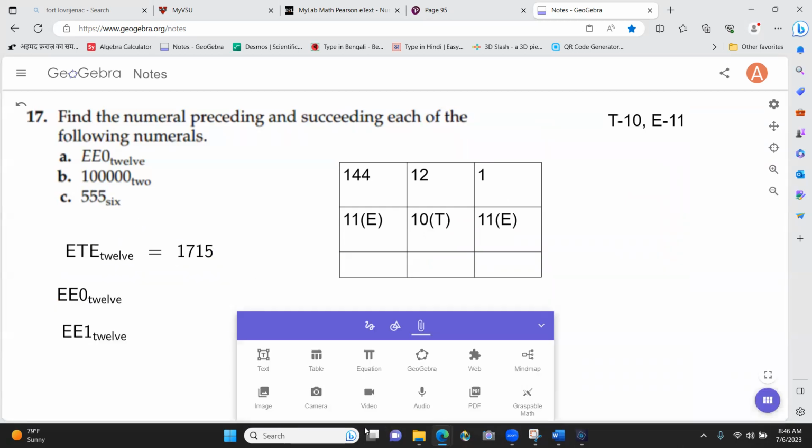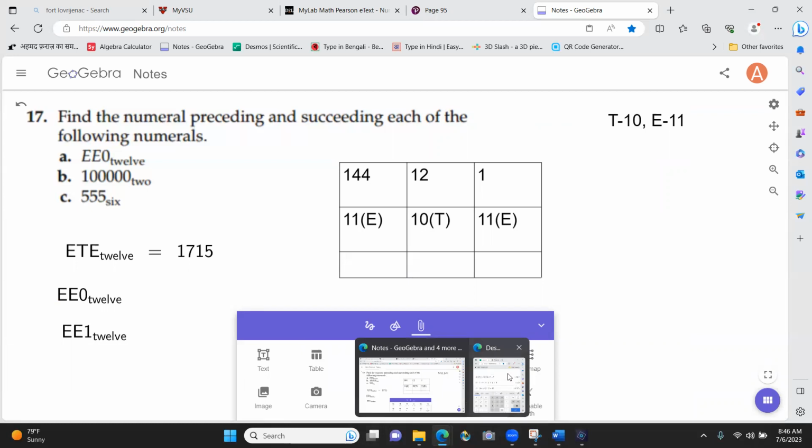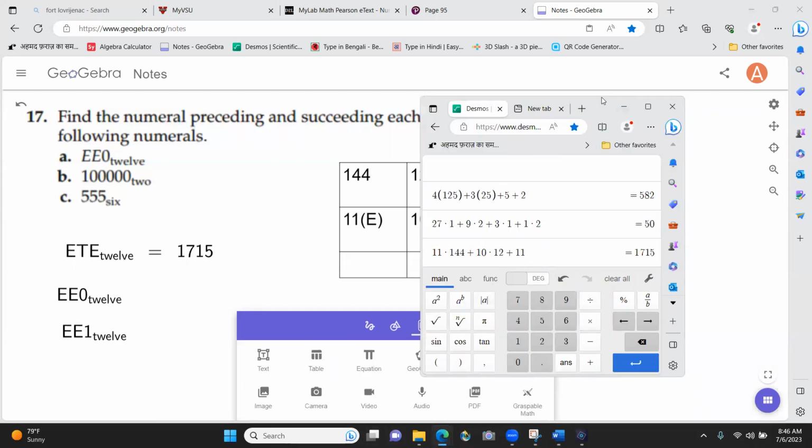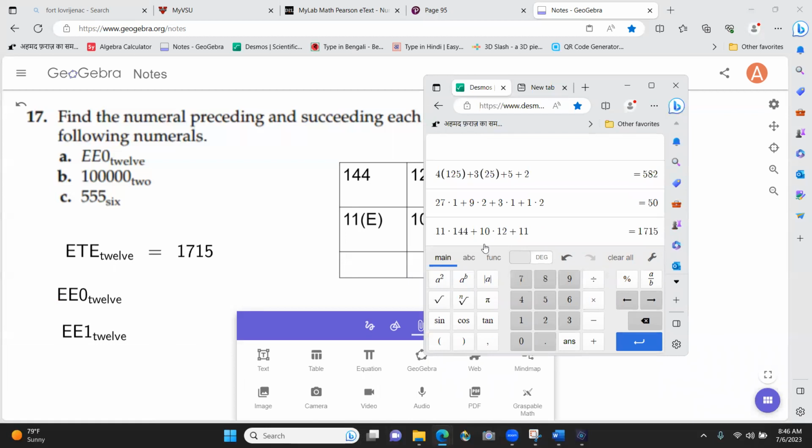Let's look at this one, EE0. Let's see what that is. It seems very counterintuitive. So the first one, 11, 144, and 11, 12s, and 0, 1s. 116. So far, so good. This is 116, so I didn't mess up.